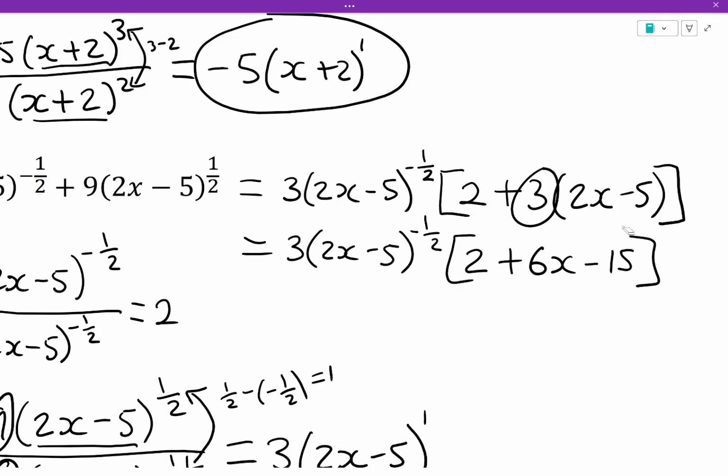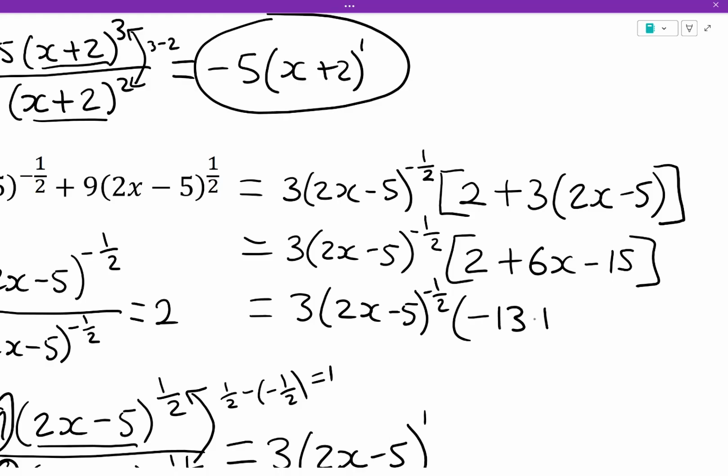And I'm going to close my square brackets. Now I'm going to simplify my square brackets because I see some like terms in there. We've got power of negative a half, and then inside my square brackets, I'm going to put regular parentheses once it's fully simplified. We've got 2 subtract 15, so that's going to be negative 13, and then it's plus 6x, like that. And that's fully factorized.